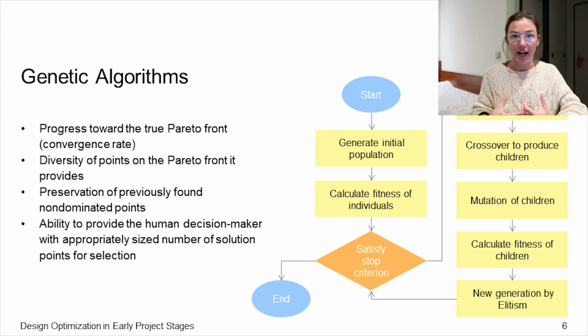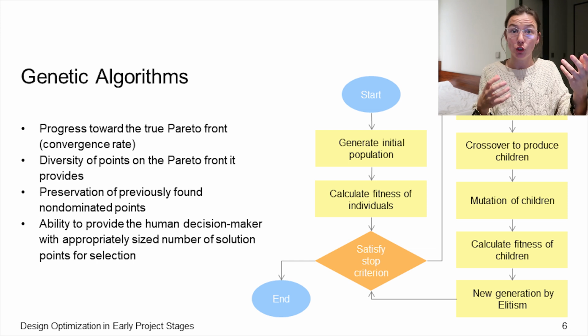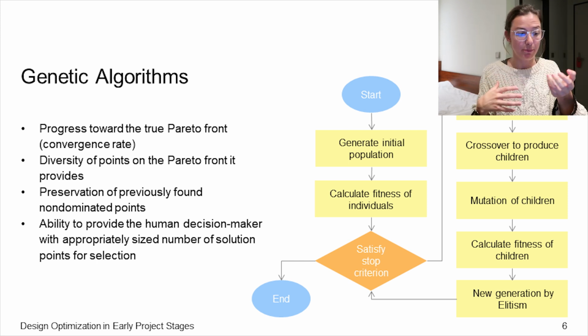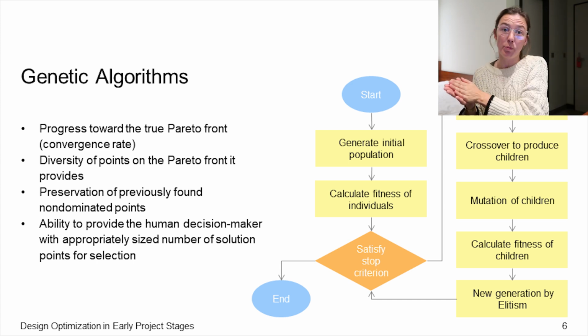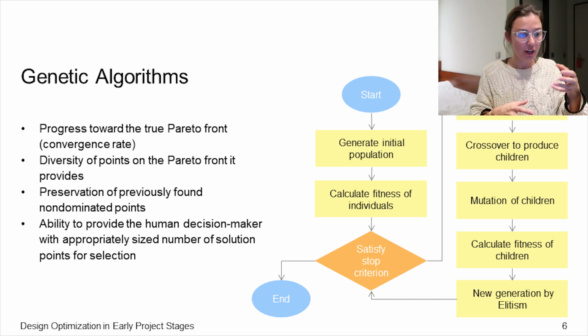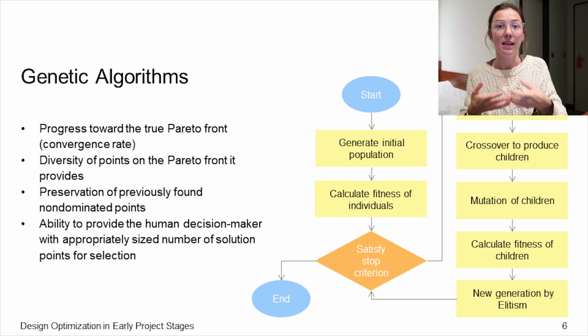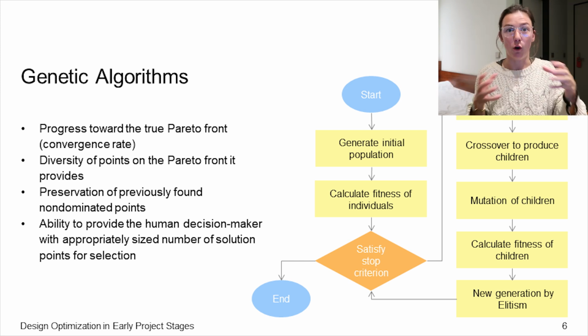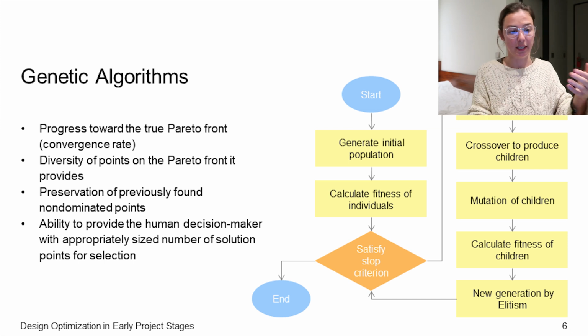And what a genetic algorithm is supposed to do is preserve previously found good solutions, that is a principle called elitism, and progress to the true Pareto front as fast as possible, which is the convergence rate, as well as, and this is especially important in design, provide a diverse set of solutions to the human decision maker so that the final solution can be selected by the human designer.